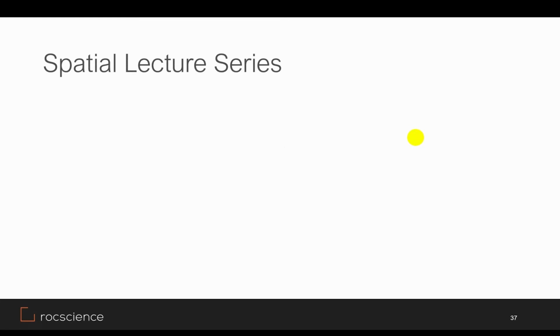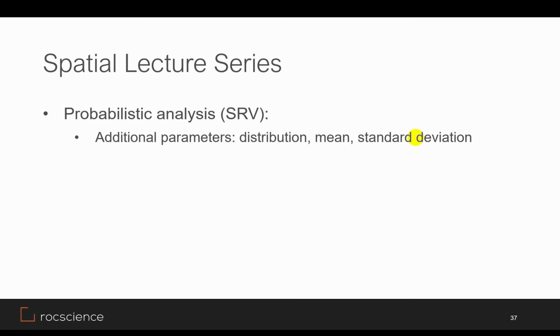Okay, so in this 3-part spatial lecture series, we've focused on 3 things. In the first lecture, we talked about probabilistic analysis, or the single random variable approach. And we said that to go from a deterministic analysis to SRV, you only need a couple of additional parameters. You need distribution types for your random variables and their associated parameters, such as mean and standard deviation.